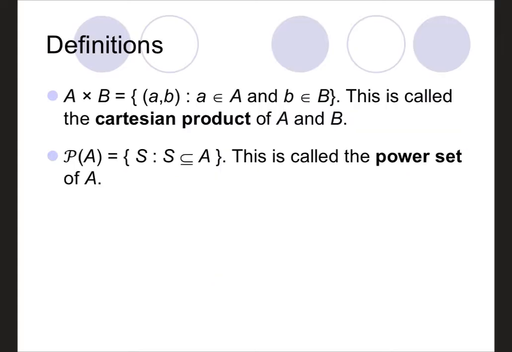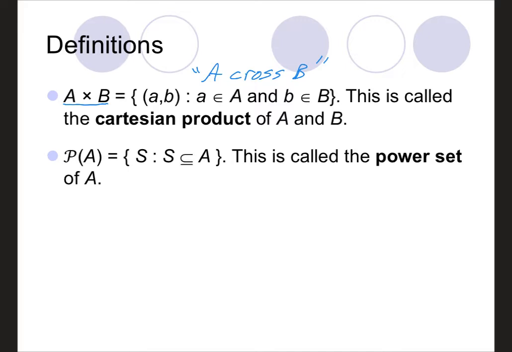The other two set operations we want to be familiar with are the Cartesian product of two sets, and usually we say A cross B when we want to refer to that, instead of always saying the Cartesian product.